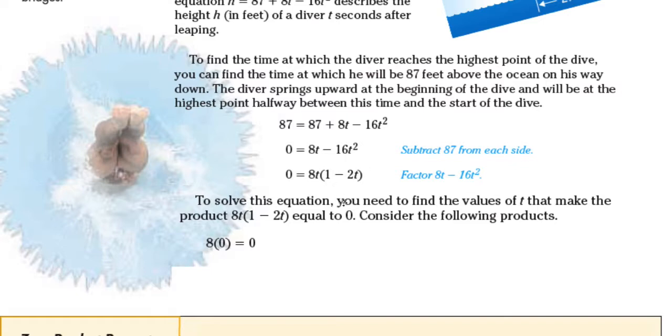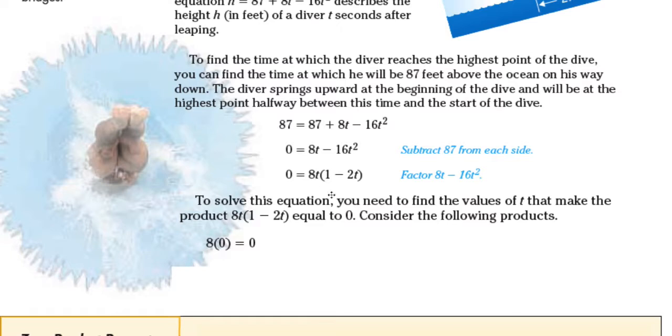To solve this equation, you need to find the values of t that make the product of 8t times the quantity 1 minus 2t equal to 0. So consider the following products. If we multiply 8 times 0, we end up with 0.